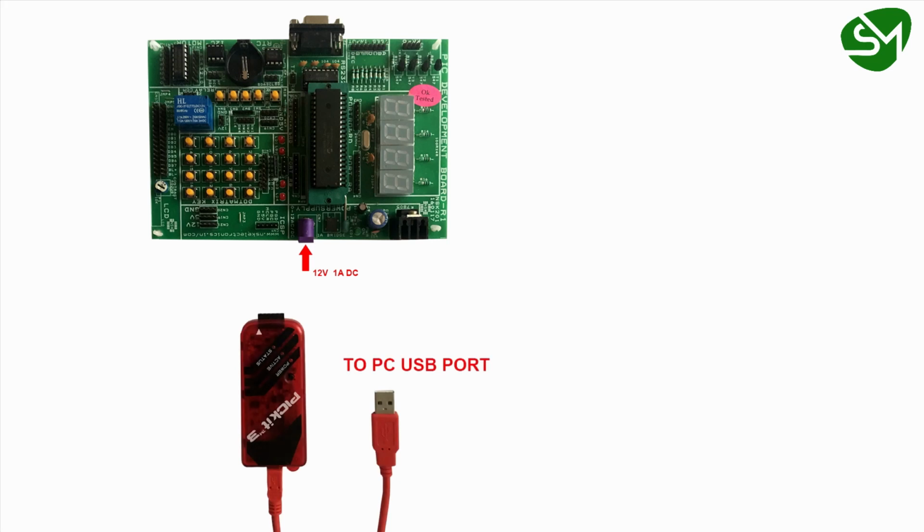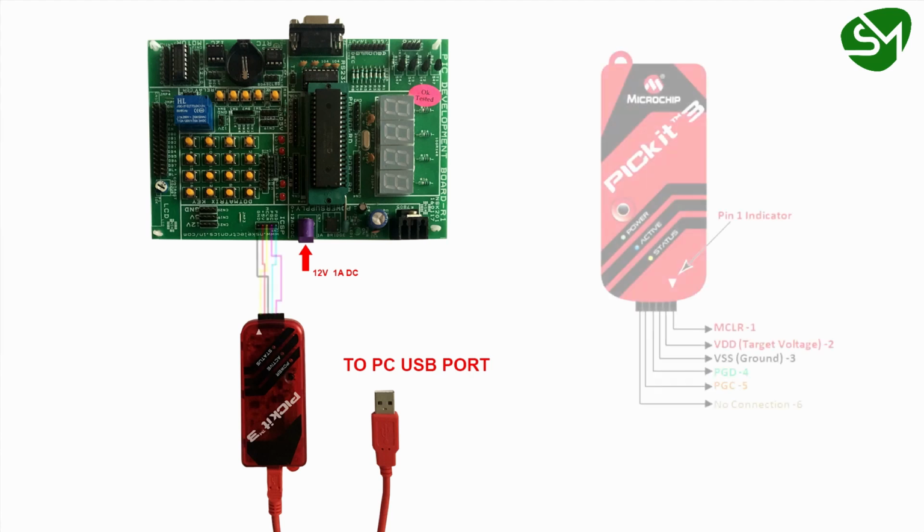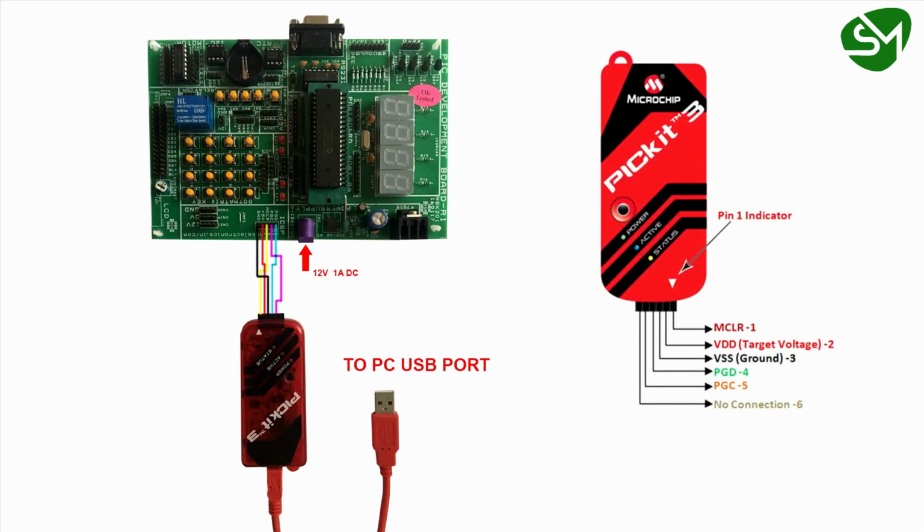For uploading the program onto the microcontroller, firstly power up the development board using an external 12 volt 1 amp adapter through the socket provided, and then connect the PICkit 3 to your PC USB port using a mini USB cable. Then the terminals of the PICkit 3 are connected to the microcontroller as per this circuit diagram.